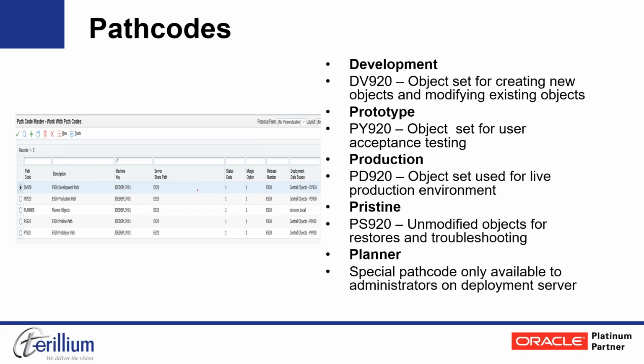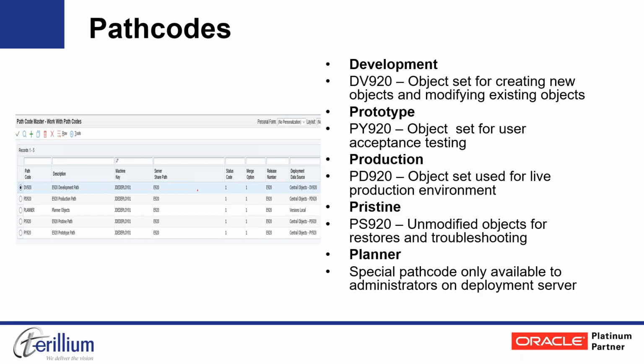The development object set is basically meant for your development people. So when you apply new code, either from your developers or even through Oracle, it's applied there first, and we end up doing application testing there to make sure that the code is doing what's expected. We then can also apply that to the prototype environment.